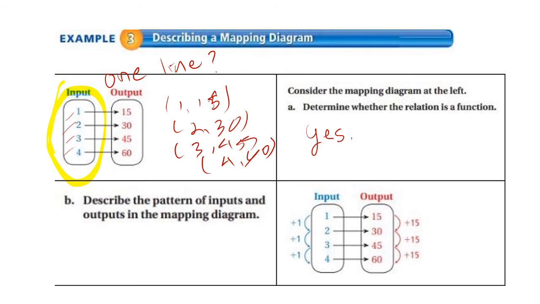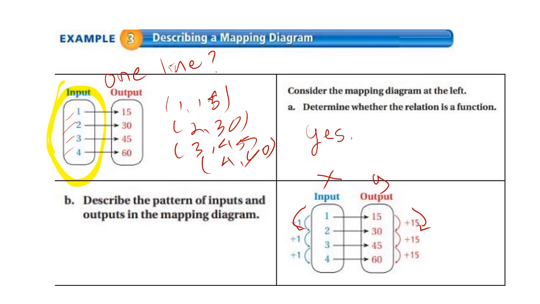Now the next trick is, let's go down to letter B. What we're trying to do is describe the pattern of inputs and outputs. And this is where we begin, as we get further on into the chapter, to define what the formula for the function is. Now what we see is that as each input, or x, increases by 1, then the outputs, or y, increase by 15.